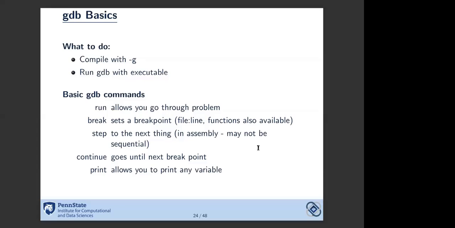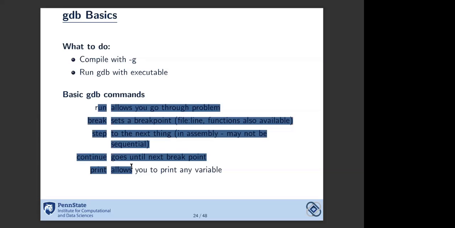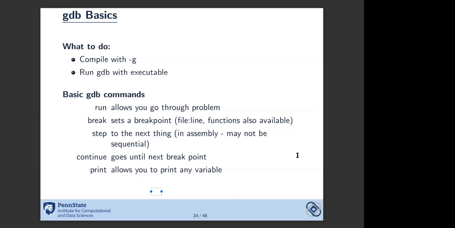I know I keep saying that many times, so I won't go through this in incredible detail, but to use GDB, you need to compile your code with the -g flag, so debug symbols are included. And then all you need to do is run GDB with the program that you compiled. There are different commands that you can run with GDB. Run allows you to start your program.